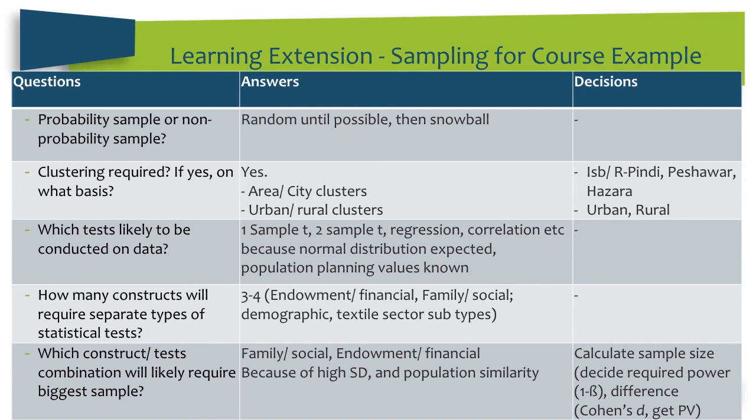And finally, I'll get the planning value from SMEDA or the World Bank studies. And moreover, I'll put the alpha value or the significance level at 0.95. It is a very commonly used value. And I'll find out what sample size I need to collect data from to conduct my research effectively. So that is all I had.